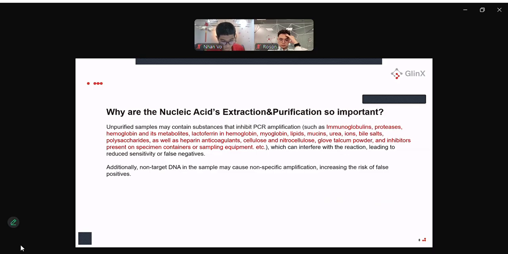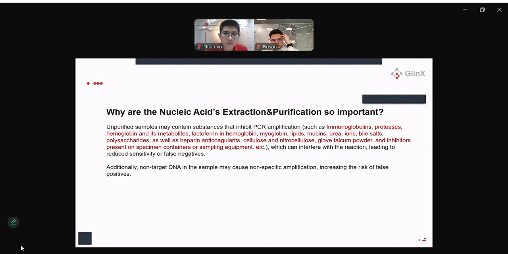So in this kind of situation, when we put a new sample into the machine to conduct the polymerase chain reaction, the contamination substance within the machine will also be amplified together with the new sample.